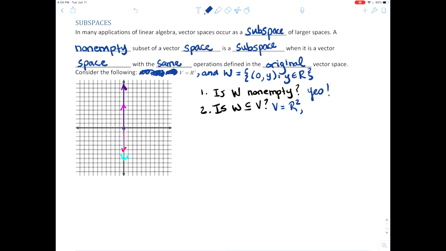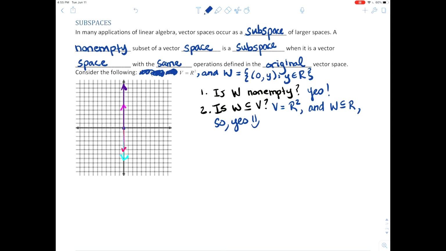And isn't the set where you have any vector that lies on the y-axis part of R2, right? So W is a subset of R2. So, yes. Okay? So those are 2 things that have to be part of it.